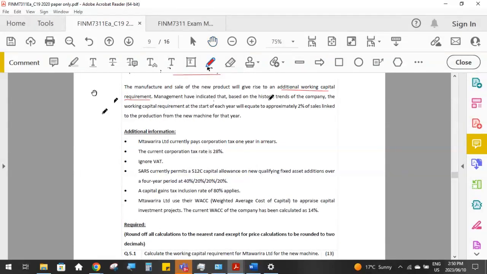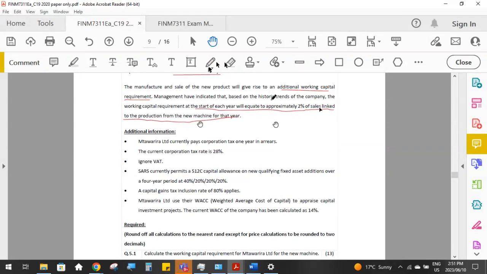So management has indicated that based on the historic trends of the company, the working capital requirement at the start of each year will equal approximately 2% of sales linked to the production from the new machine only for that year. So you have to work out what is the Rand value of our production at sales value for the new machine.